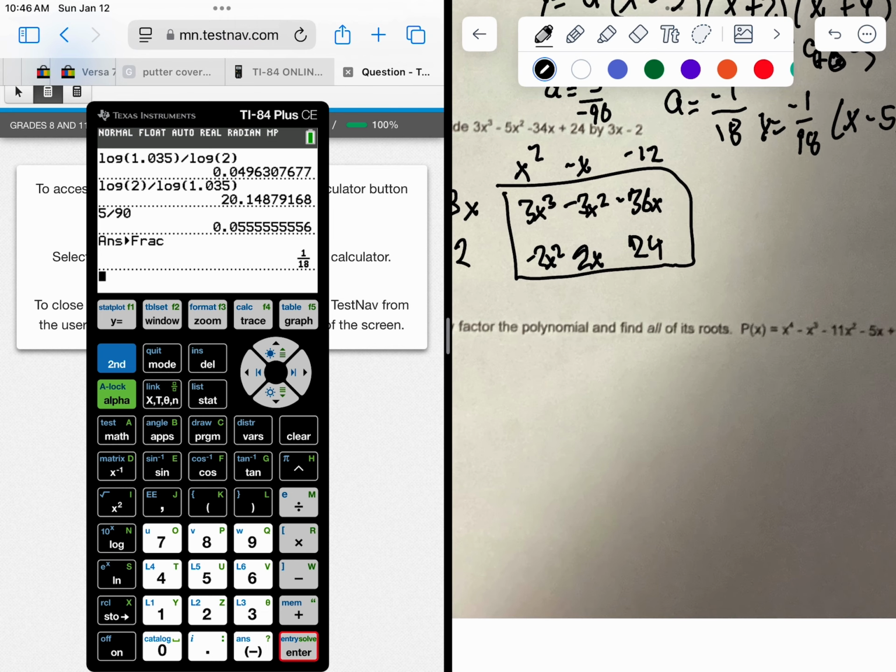So we're left with 3x squared, 3x plus 2, times x squared minus x minus 12.